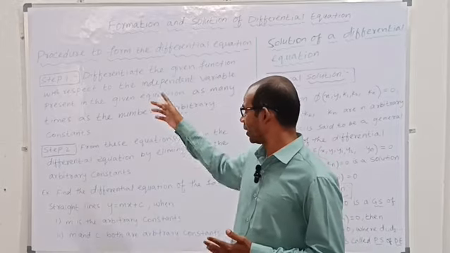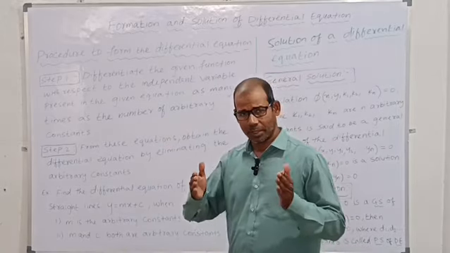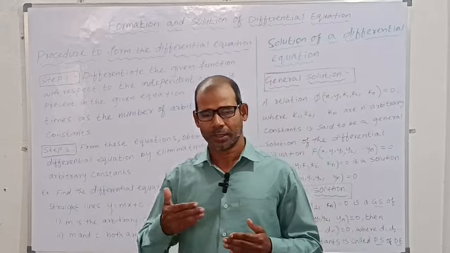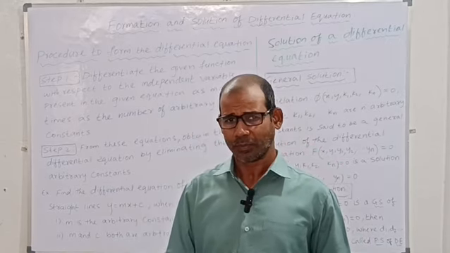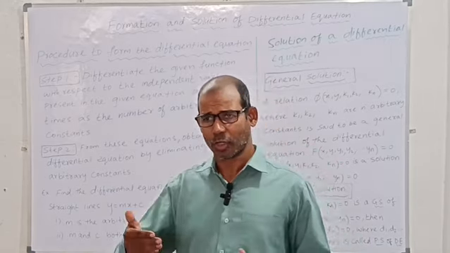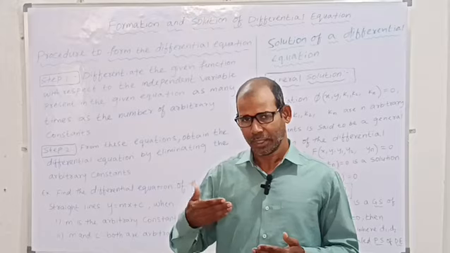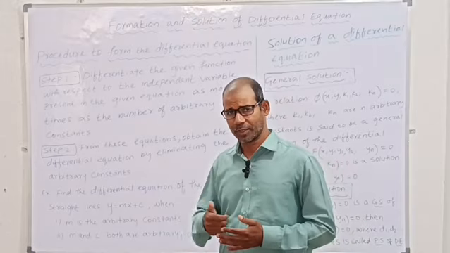Okay. So what are the steps? First of all, observe the equation and see the number of arbitrary constants given in the equation. Depending on the number of arbitrary constants, you have to differentiate that many times to obtain the equations.